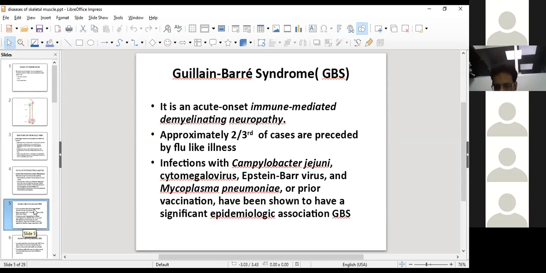It's not routine, but sometimes there has been some association with vaccination. The theory is that these organisms trigger formation of antibodies that attack, or cross-react with, the myelin sheath of the axons.